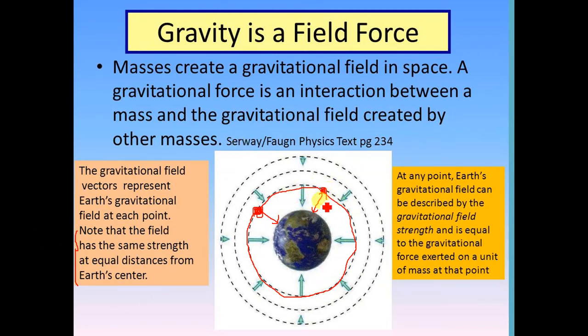This strength has a value and it has a direction, which is always toward the Earth. At a specific distance from the Earth, the strength of the gravitational field is the same. So what do you expect if we go to a farther point? If I compare this point A with this point B, where is the gravitational field stronger?